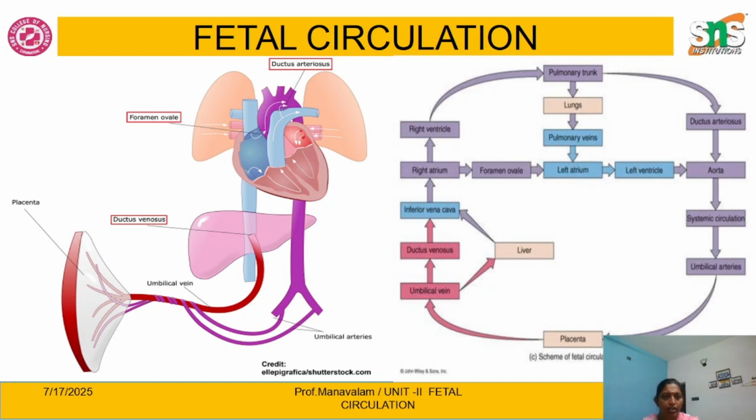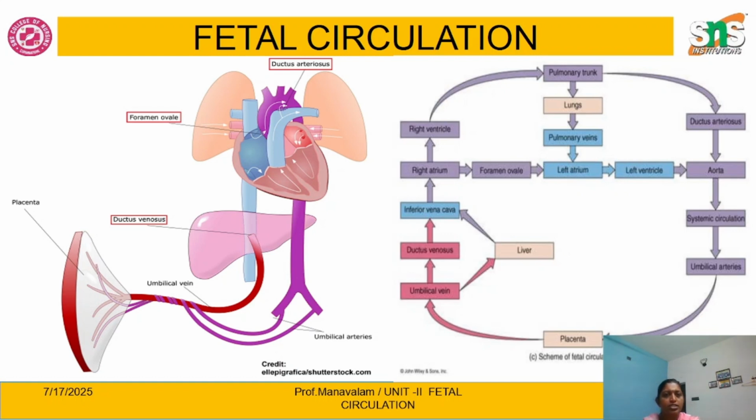That passage is called the foramen ovale, a temporary opening. Next, the ductus arteriosus is a connection between the pulmonary artery and the aorta. The blood from the pulmonary artery enters into the aorta through this ductus arteriosus.